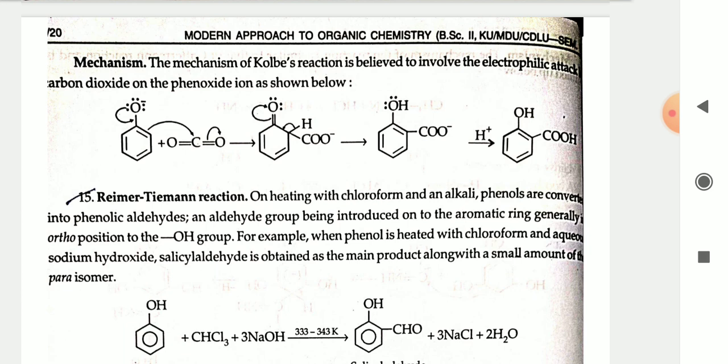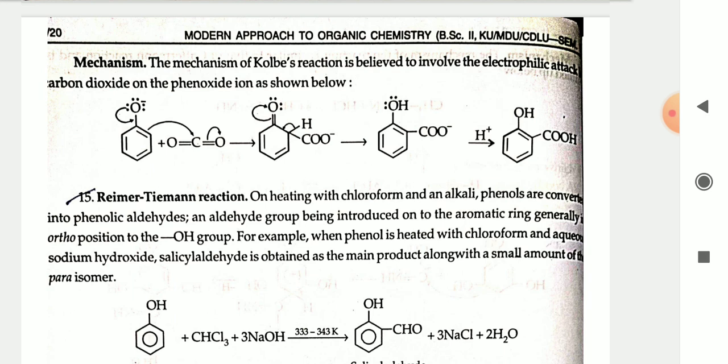as shown below. 15. Reimer-Tiemann reaction. On heating with chloroform and an alkali, phenols are converted into phenolic aldehydes, the aldehyde group being introduced onto the aromatic ring, generally at the ortho position to the OH group.